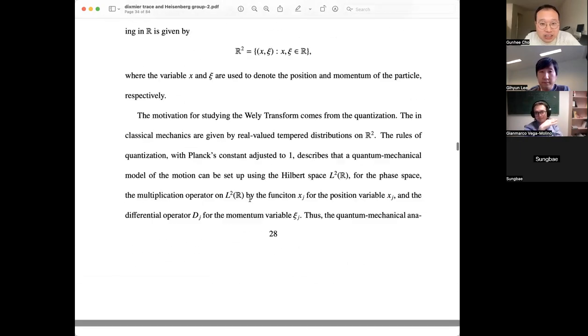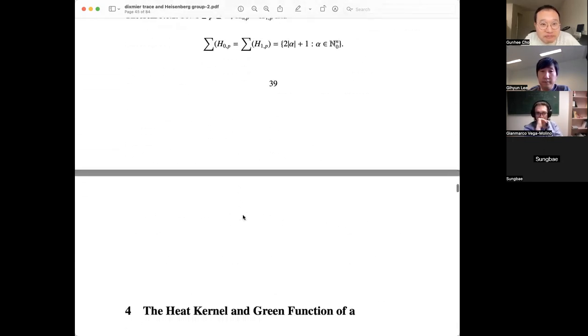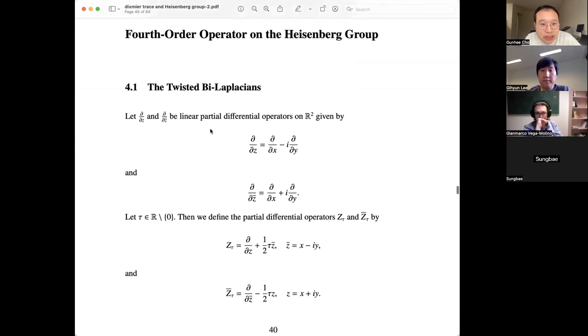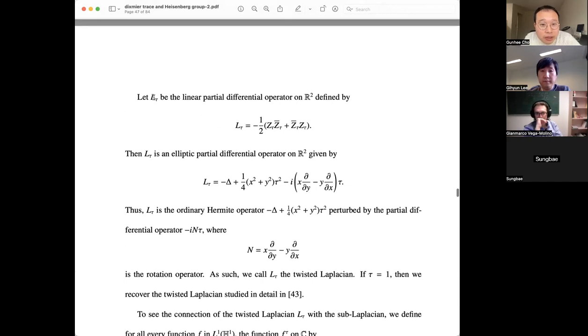And so from that curved L, we also have the relation with this weird object that we now want to care about. So the operator that he defined here is the curved L sub tau, which is defined in this manner. In local coordinates it is written in this manner for the tau parameter here.